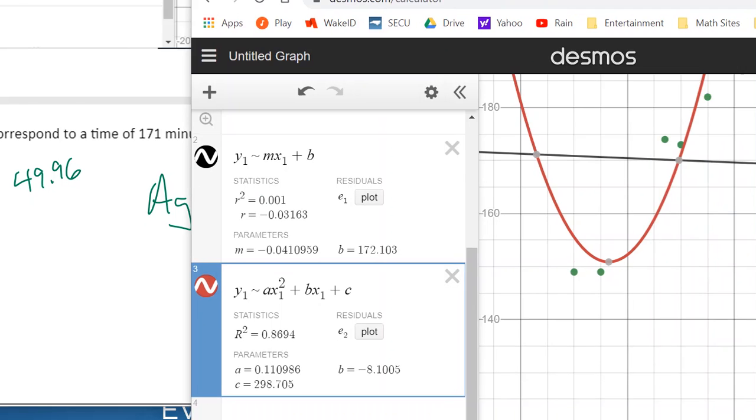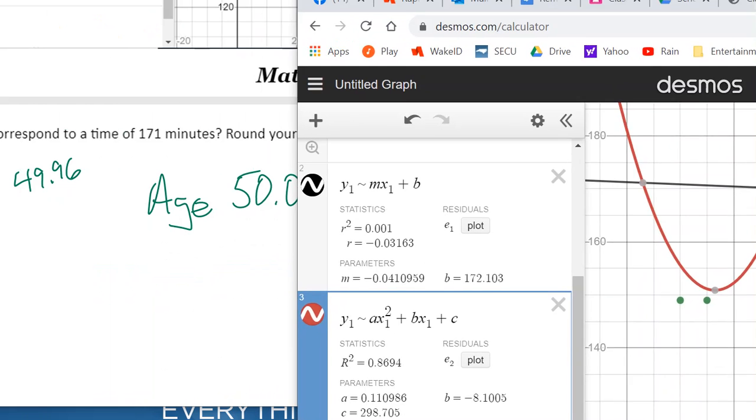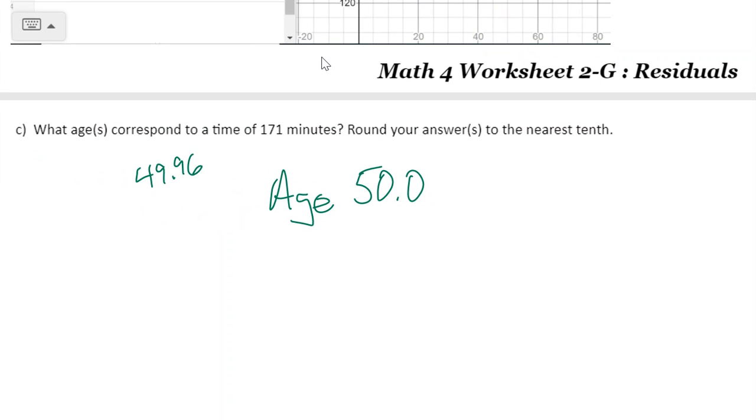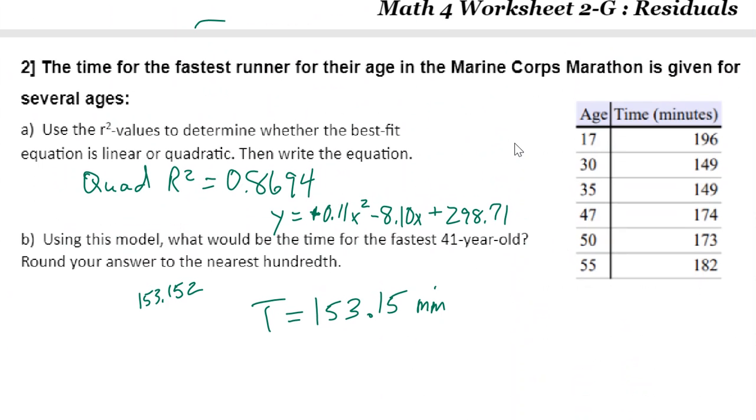Now, I want you to notice something about this. There is also a y of 171 over here at age 23. Well, they did have an age 17.